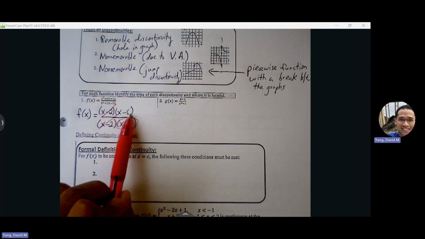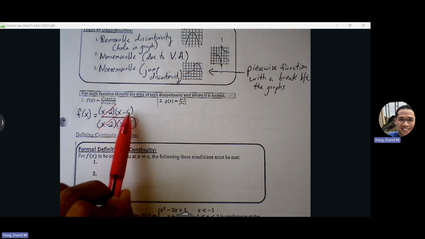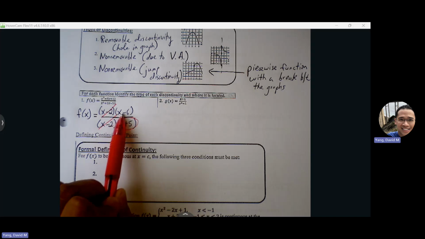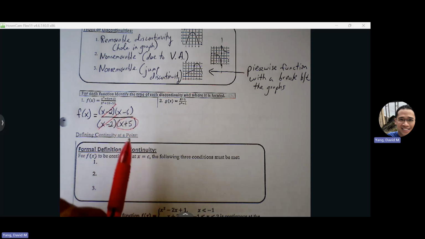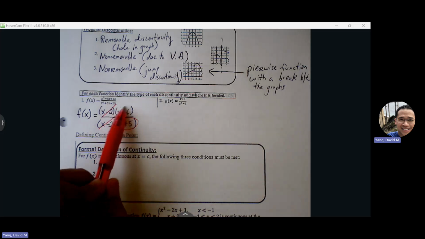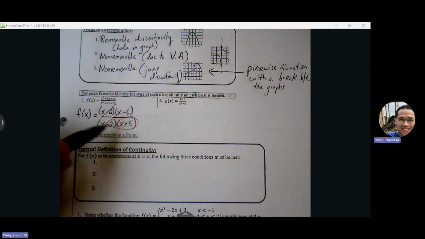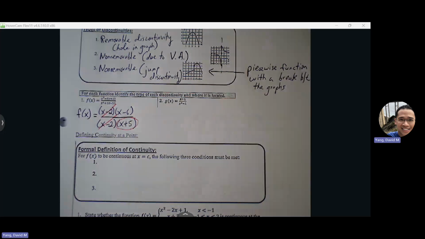X-intercept, yeah, it's a zero of the graph. Yeah, x-intercept, zero or a solution of the graph. But x minus 6 is not going to play a role in discontinuity. It's just a point on the graph that we're going to use quite a bit down the road. But right now, we're just focusing on the 2 and the -5.